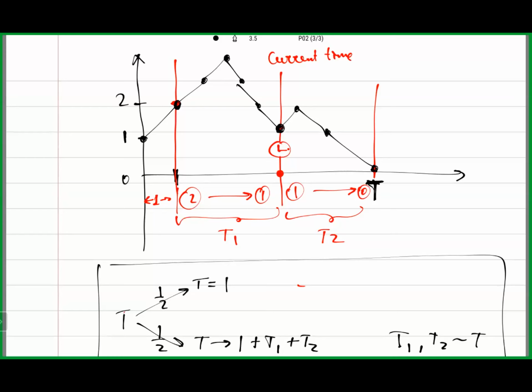Imagine there are a lot of sequences that move you from 2 to 1, for example RR, LLL, or RLL, or RRL, RL, LL.